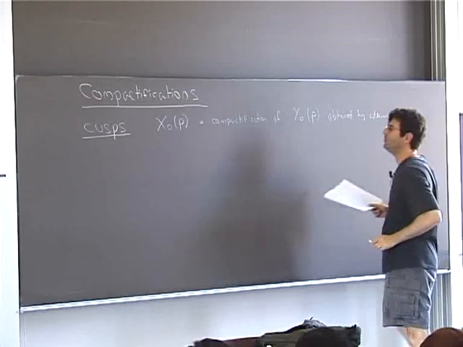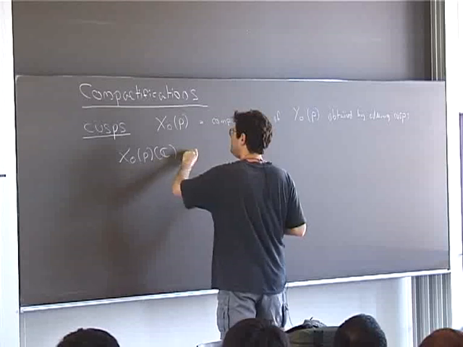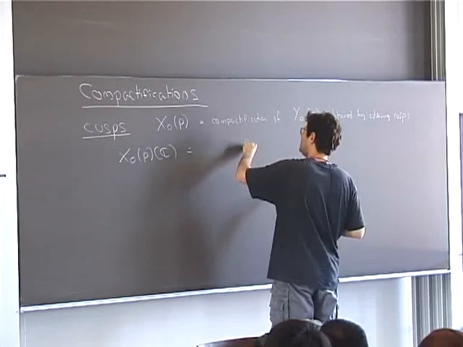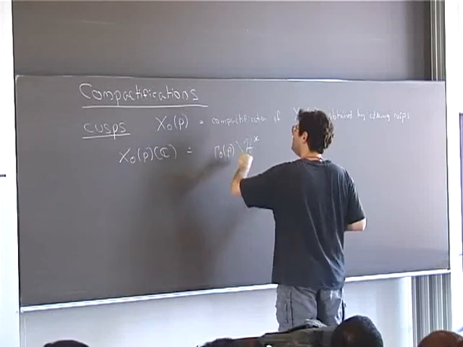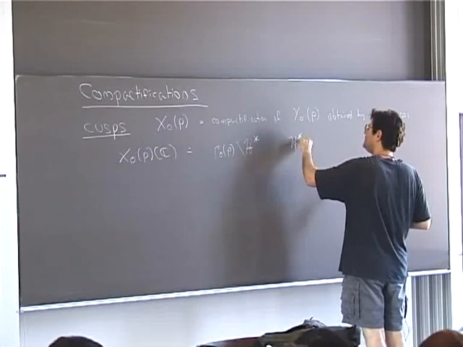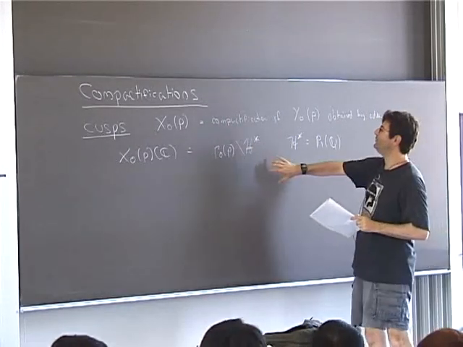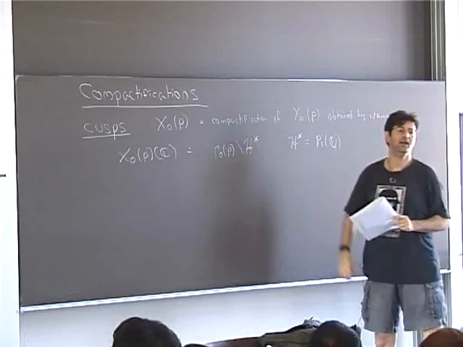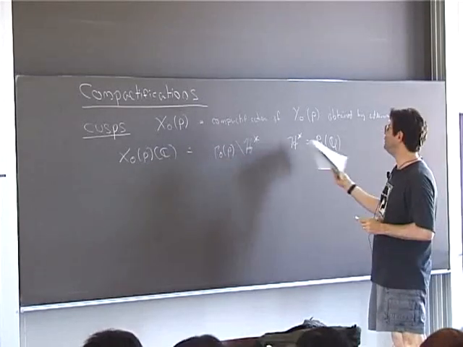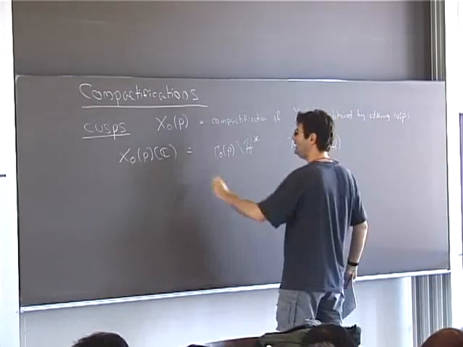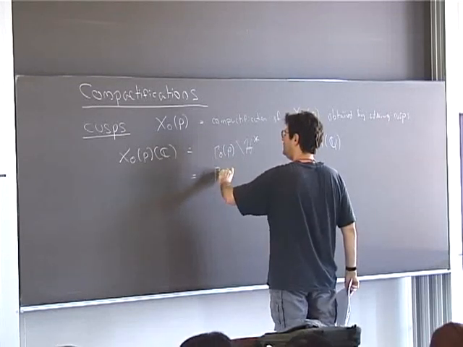So as a complex curve over the complex numbers, this process just consists of augmenting the upper half plane by adding to it the points in P1(Q), which you think of as sort of living on the boundary of the upper half plane, and then looking at Gamma_0(p) orbits. Now, if you look at the action of this group on the set of rational points, you actually have two orbits.